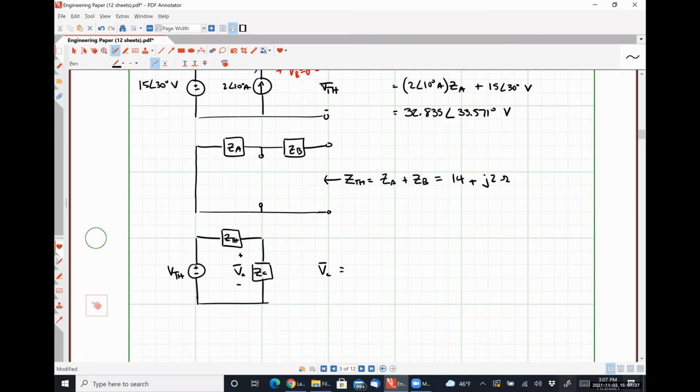How do I do it? Voltage division, right? So that's going to look like VTH times ZC over ZTH plus ZC.